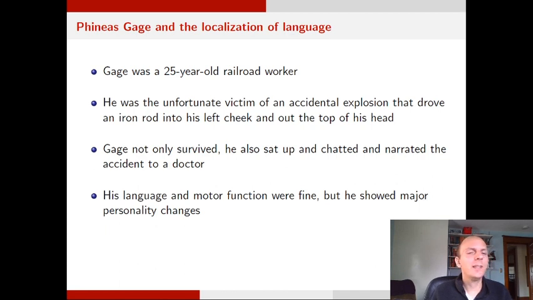He didn't experience all that many physical or cognitive limitations from this. He was actually pretty much fine, surprisingly fine. His language and motor functions were fine, but he showed major personality changes.